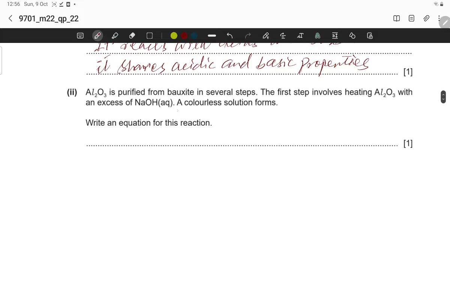Aluminium oxide is purified from bauxite in several steps. The first step involves heating aluminium oxide with an excess of sodium hydroxide. A colorless solution forms. Write an equation for this reaction. Al2O3 plus sodium hydroxide plus water forms NaAl(OH)4 plus water.